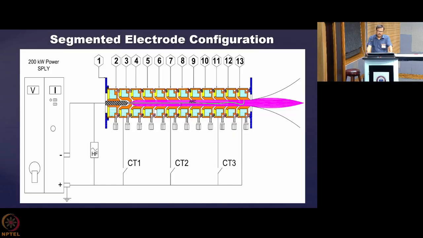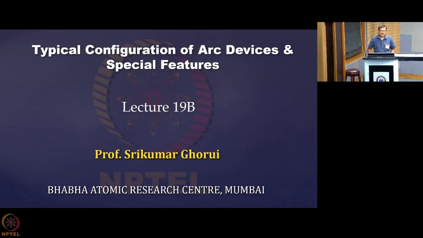Initially we break a small gap, then we elongate the arc, then further elongate the arc, and finally we get our final configuration, which gives a pretty good length of the arc and a pretty high voltage drop because we are operating with constant current. So V into I is the power, and you get the final configuration on which you can operate.